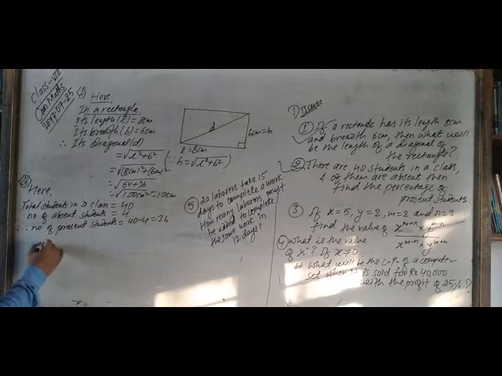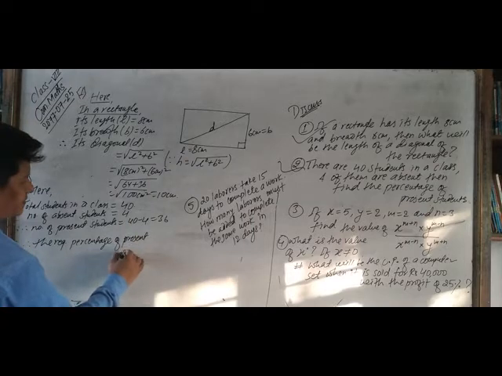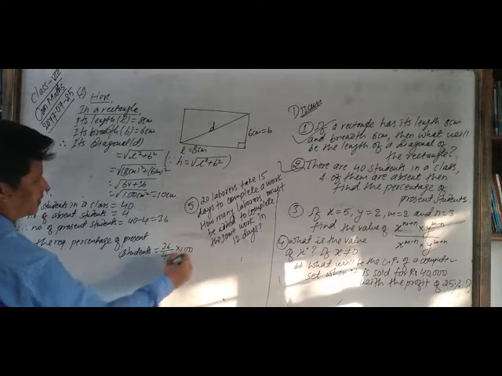Therefore we can find the required percentage of present students, that is 36 by 40 into 100%.